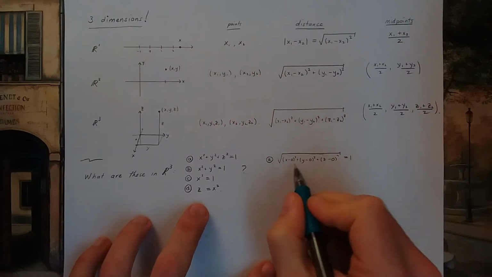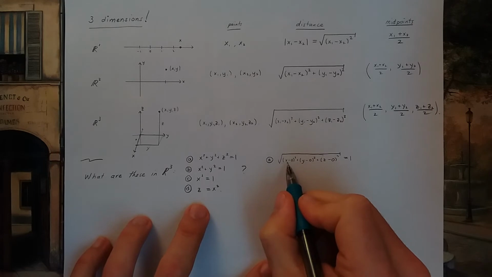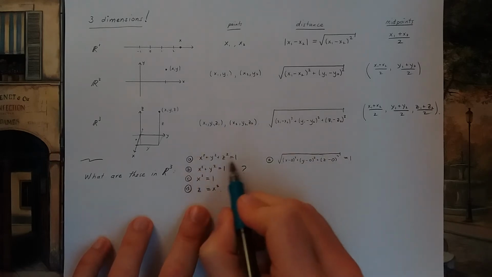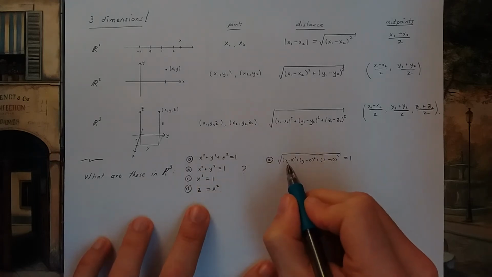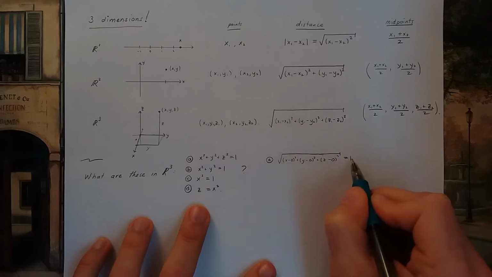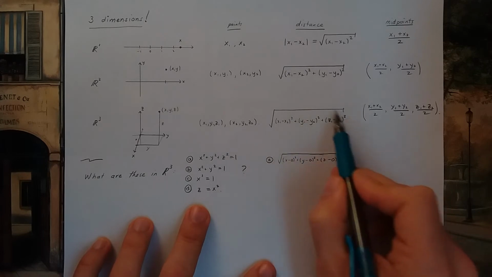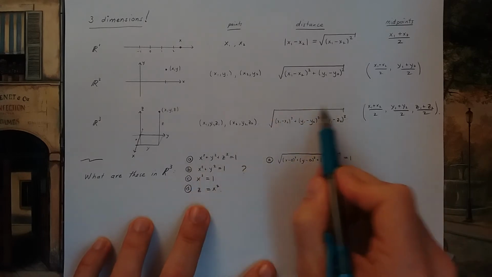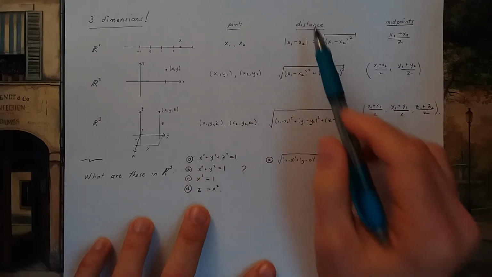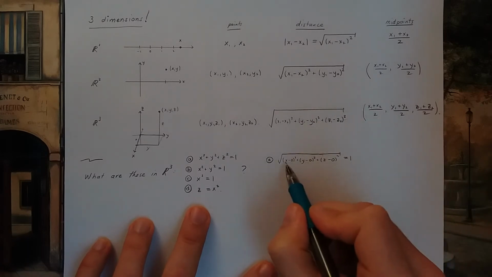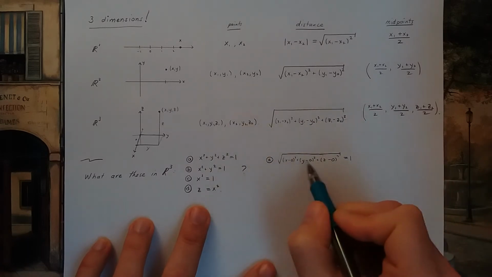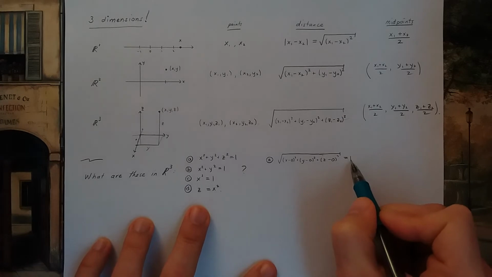Now, this tells me that the points that satisfy equation A are the points that have a distance away from 0, 0, 0 equaling 1.